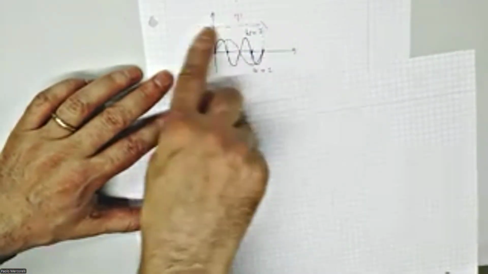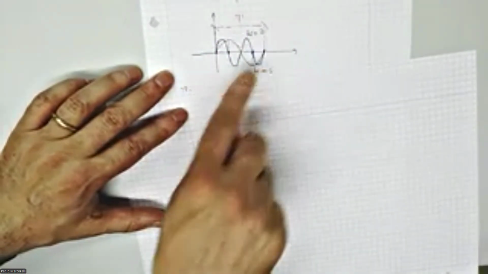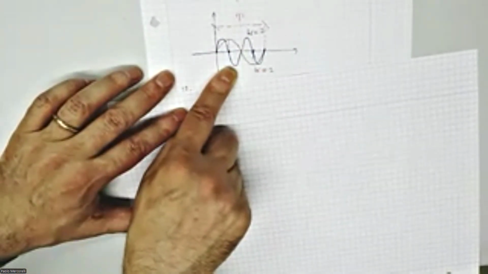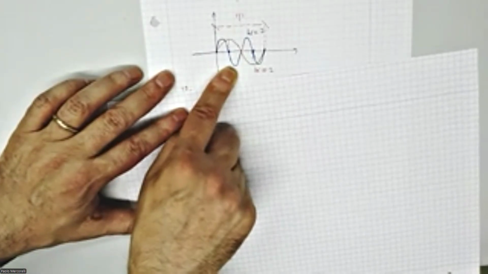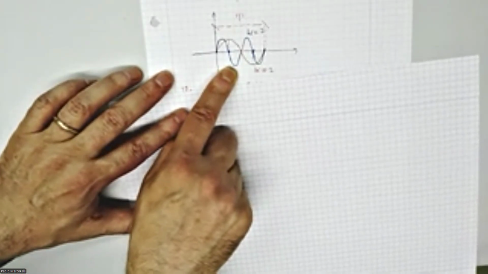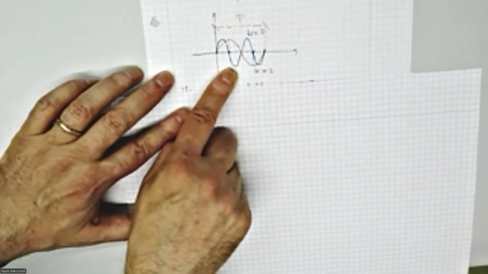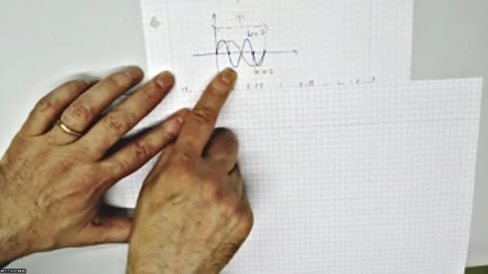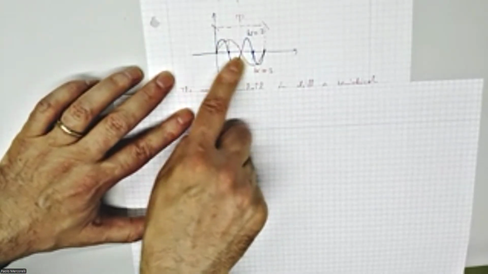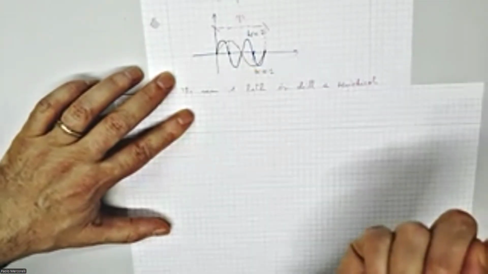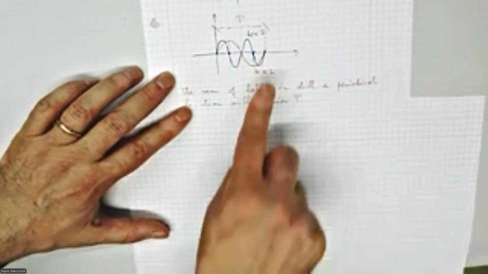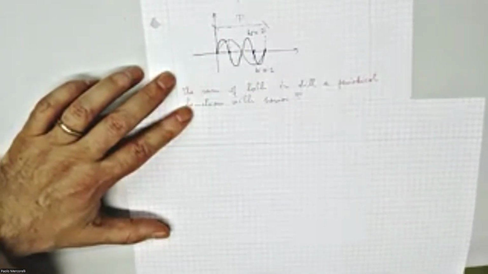One with period T and one with period T divided by 2. The blue line has period T divided by 2, half of the red. It is clear. K equal to 1 is red, and K equal to 2 is blue.